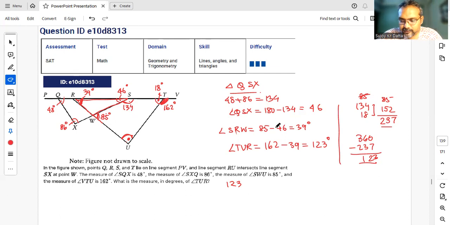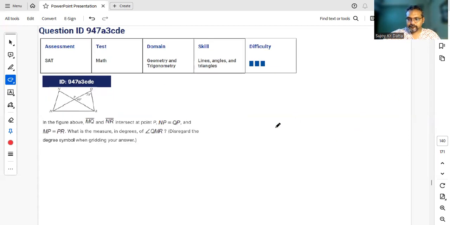All right, let's go to the next question. So this one is saying that MQ and NR intersect at a point. NP and QP are equal. MP and PR are equal. What is the measure of angle QMR? They're asking for this angle.